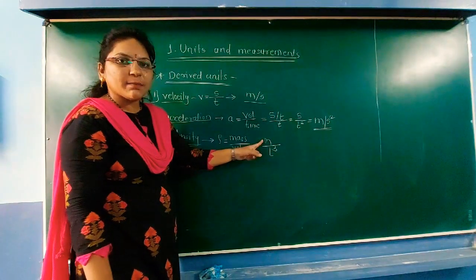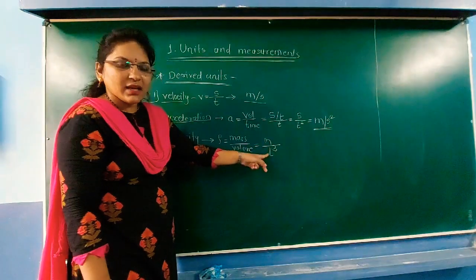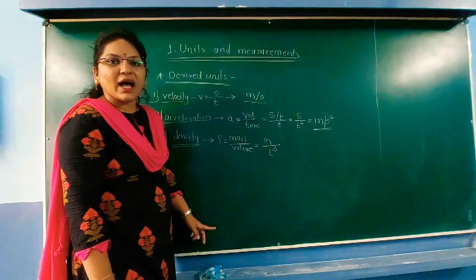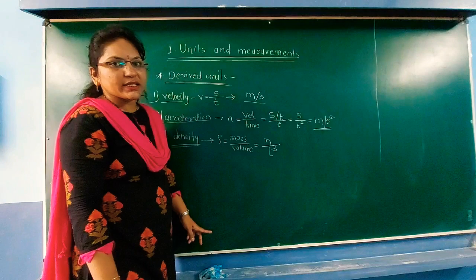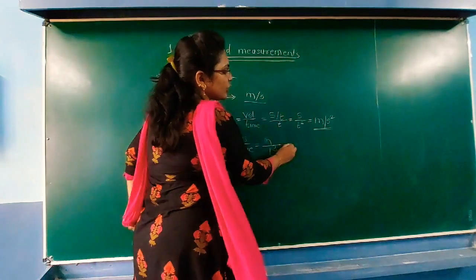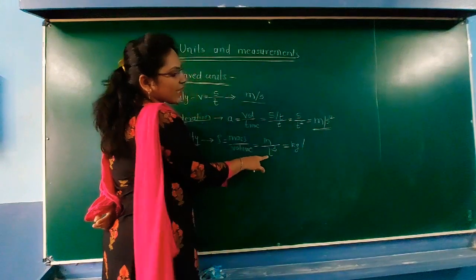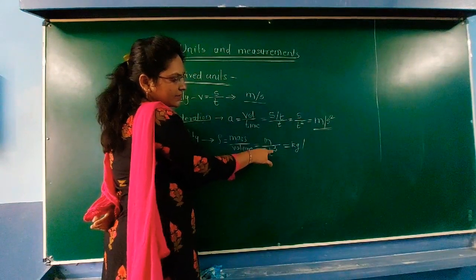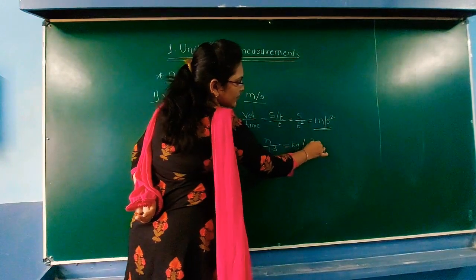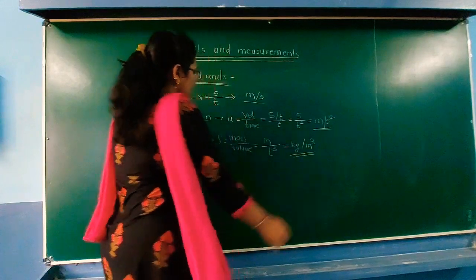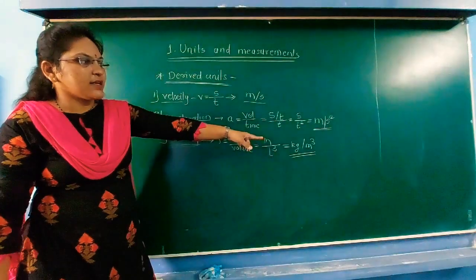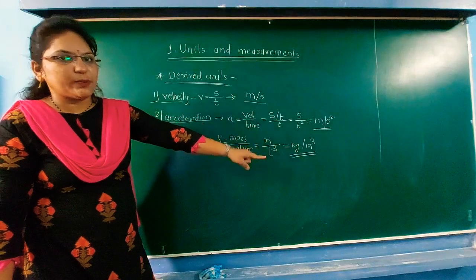Here m is mass, L is length. Length and mass both are fundamental quantities, so we can write the unit, mass having unit kg and length having unit meter. Meter raised to 3 means meter cube. Here SI unit of density is kg per meter cube.